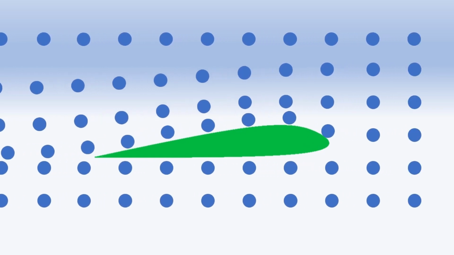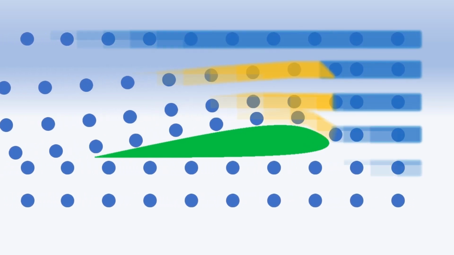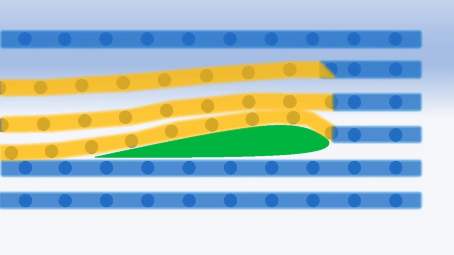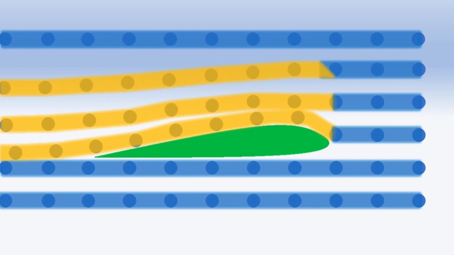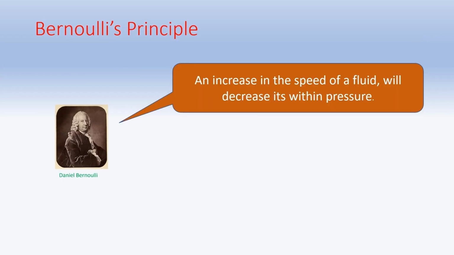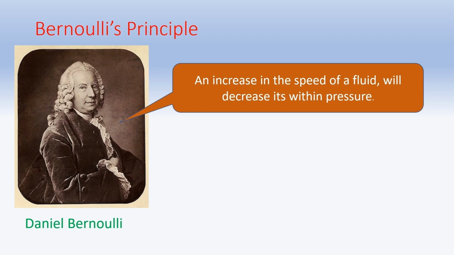Now let's go back to this flow. Here we can see that the flow on top is faster than that at the bottom of the wing. This is where we apply Bernoulli's principle. Bernoulli's principle states that an increase in the speed of a fluid will decrease its pressure.